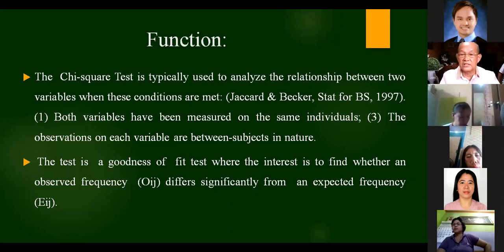All right? But sometimes you gather data that are in the strength of nominal or categorical scale, like the academic performance of students, and the data you gather are excellent, very satisfactory, fair, or poor.